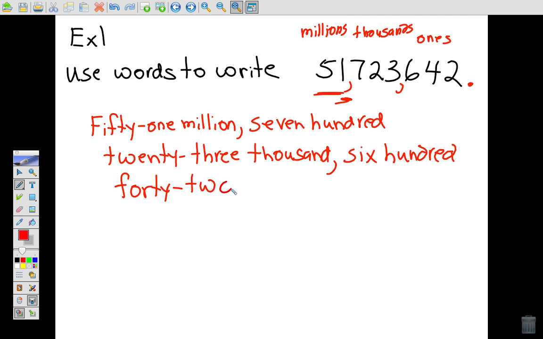And notice that with numbers in the 20s, the 30s, the 40s, or anything in the 20s through 100, we have the hyphen in between to abbreviate. So like 23, I have the hyphen between there, the 42. But once we get into the hundreds here, we don't need to use that. And that's how I'd write this in words, using the place value chart we had on the previous screen.